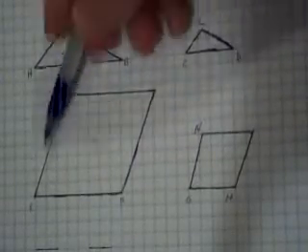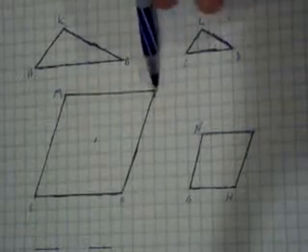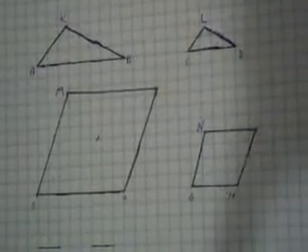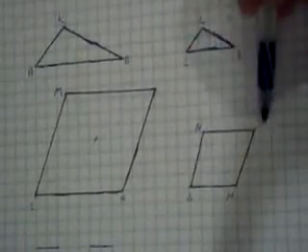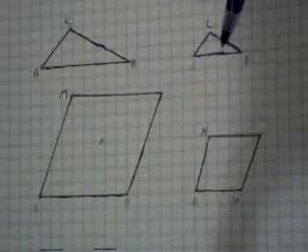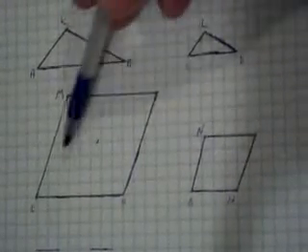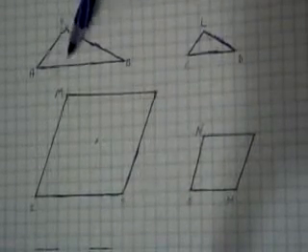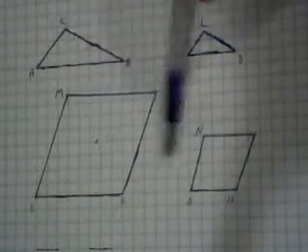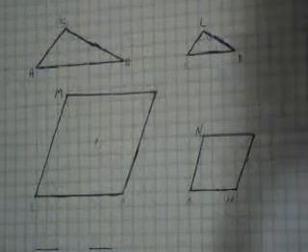So actually it'd be MEF and whatever else letter you want to put here. And NH would be NGH and whatever letter you want to put over here. I say that as KAB is to LCD, so is MF to NH. So as this triangle is to this triangle, so is this parallelogram to this one.